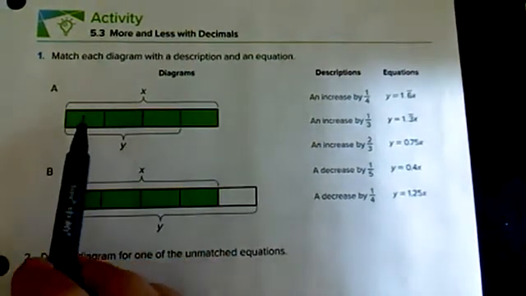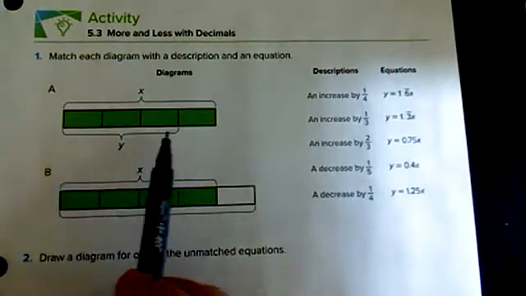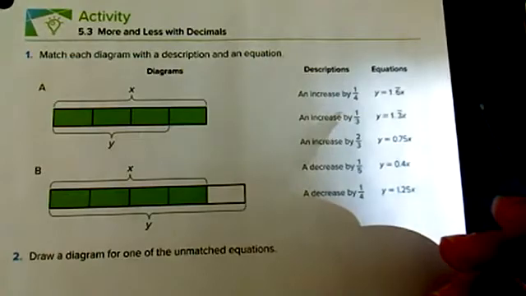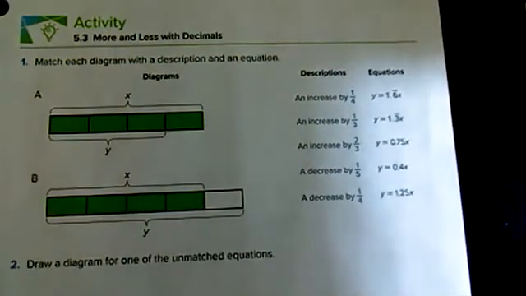So if our x has 4 pieces and our y only has 3, which one of these would show us an increase or a decrease that would represent this?